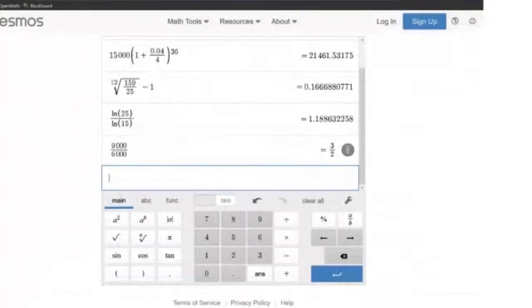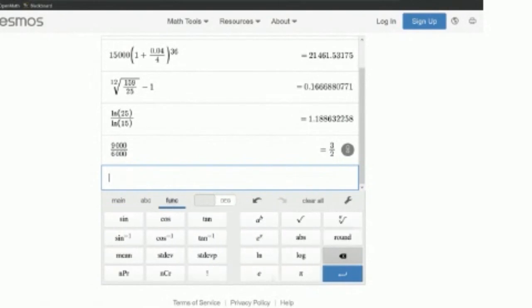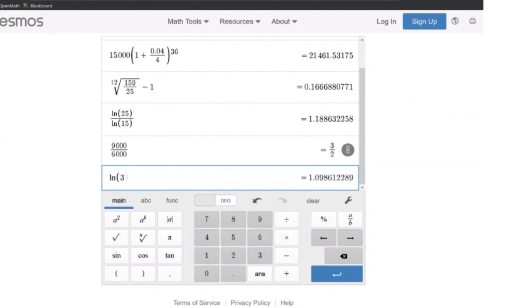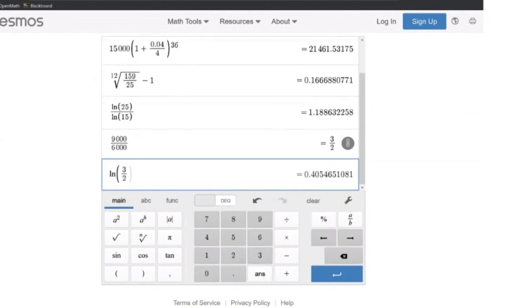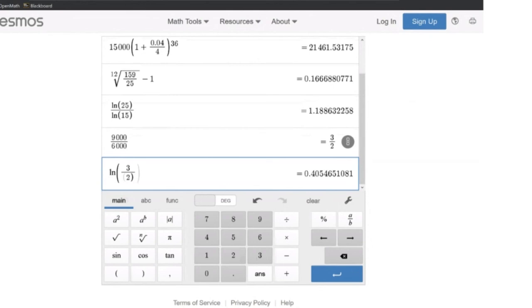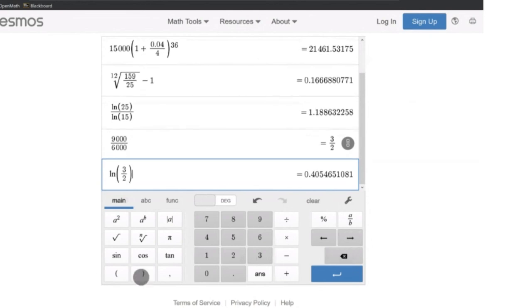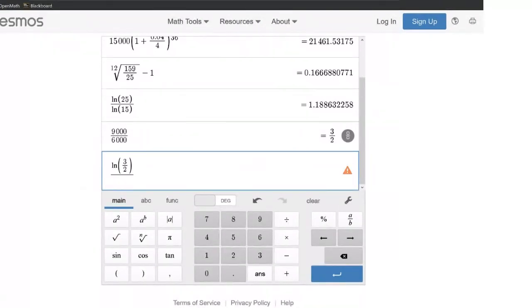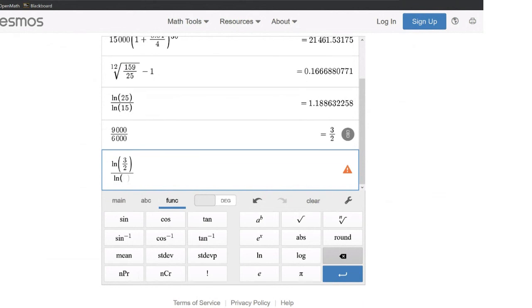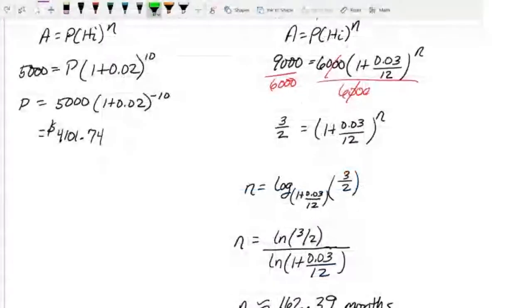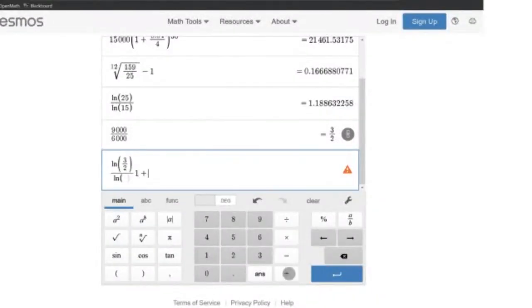So let's type in ln. That's also under the functions tab up here. ln of 3 over 2, close parentheses. Oh no, right arrow out of the parentheses, divided by ln of, see, what was it? 1 plus 0.03 over 12. 1 plus 0.03 over 12.